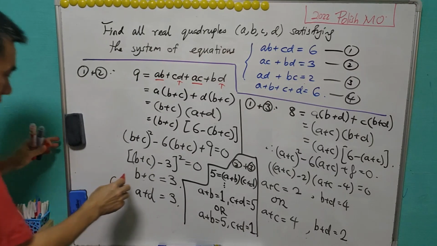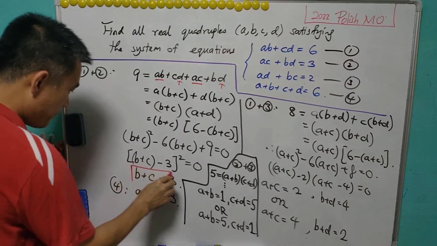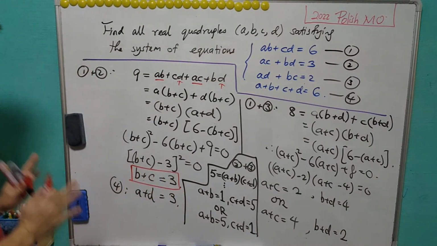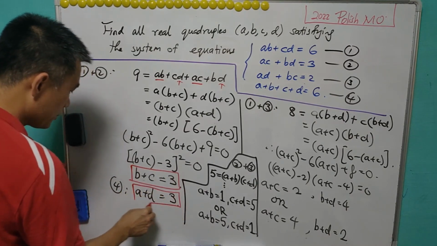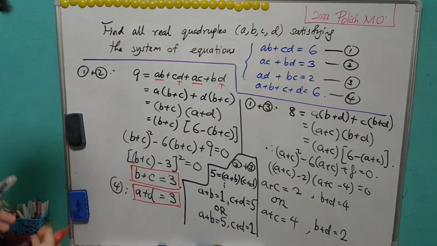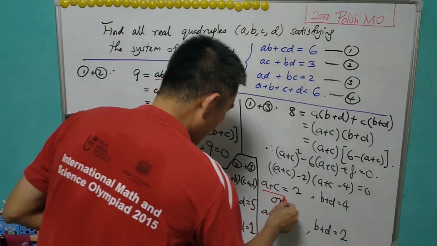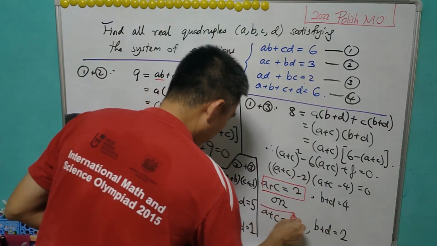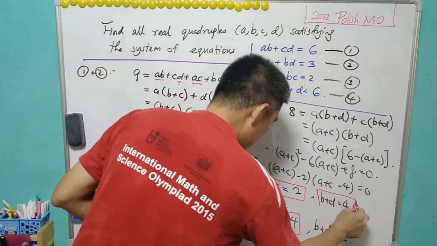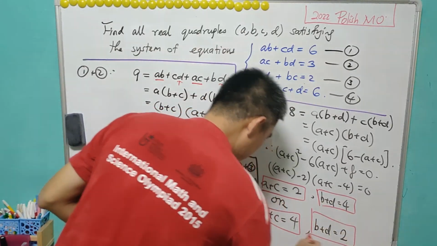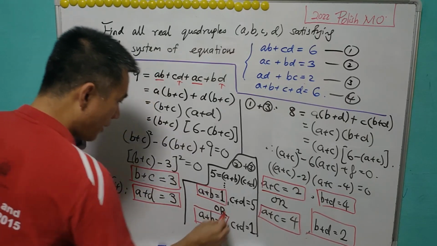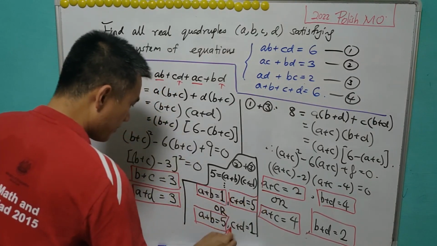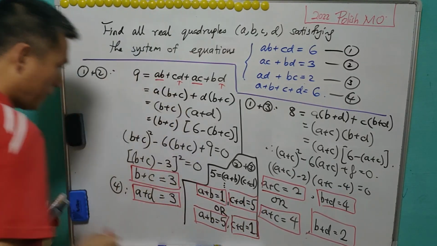So far we have B + C confirmed equals 3, and A + D also certainly equals 3. But A + C can be equal to 2 or 4, B + D can be equal to 4 or 2, and A + B can be 1 or 5, C + D can be 5 or 1.